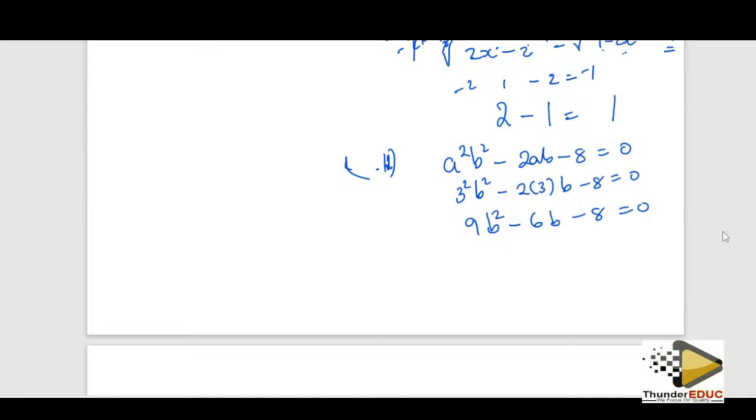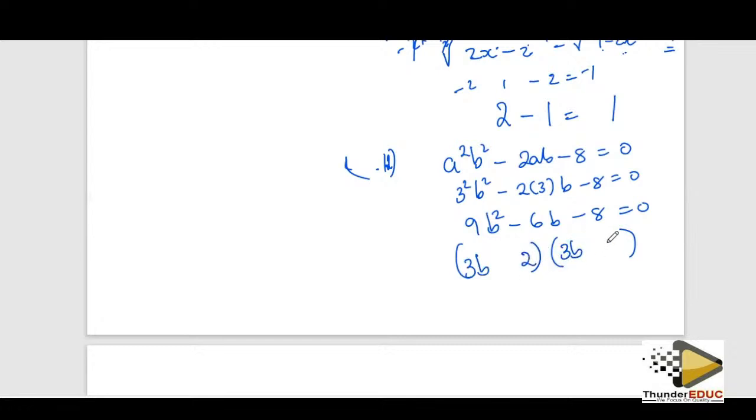So it's your choice to either use the factors or to use the quadratic formula. If I try to use the factors, what do I end up with? Okay, in this case, is it going to make sense? I'm going to try to use the factors. It's going to be 3B and 3B.